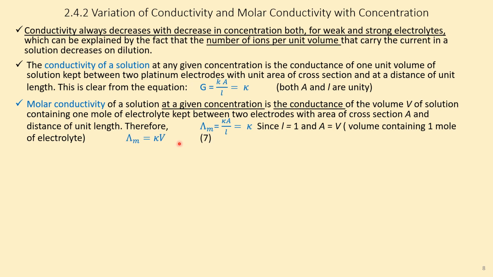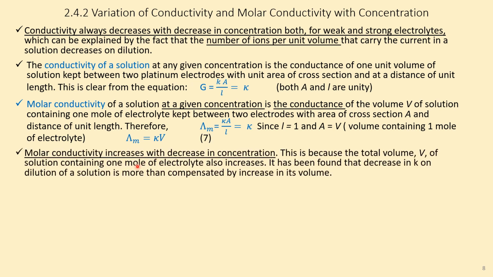Therefore, we can write the molar conductivity lambda m equals kappa A by L, that is equal to kappa, because L is equal to 1 and A is equal to V, that is volume containing 1 mole of electrolyte. Thus, we can write this equation as lambda m, molar conductivity, is equal to kappa into V. Let it be equation 7.